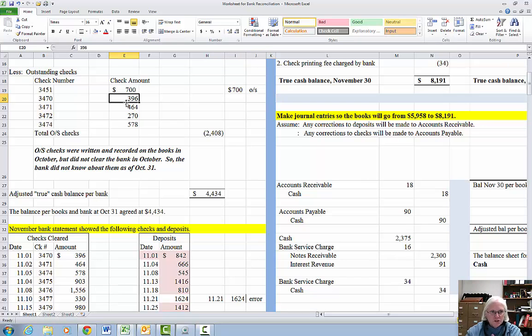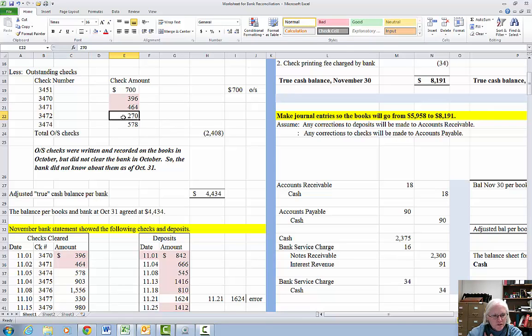Alright. Check number 3470 for $396 did clear the bank. So I will show that it's cleared. Check number 3471 for $464 looks like it cleared the bank, so I will make it pink.